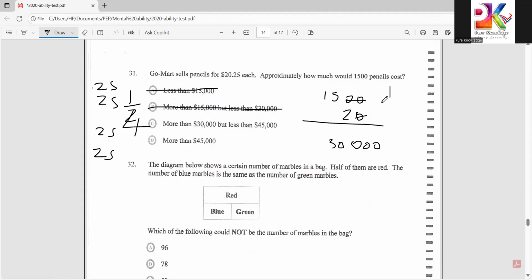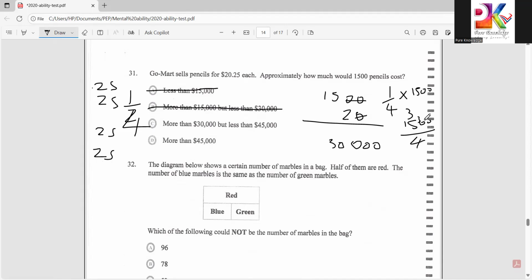So we say a quarter times 1,500. We're going to divide that. So we're going to say 1,500 divided by 4. 4 into 15 leaves 3, and 3 remainder.